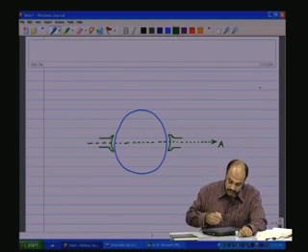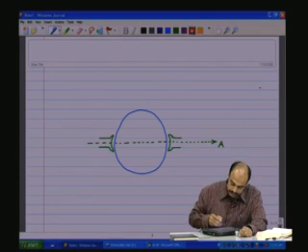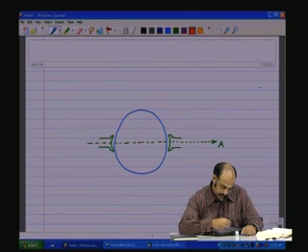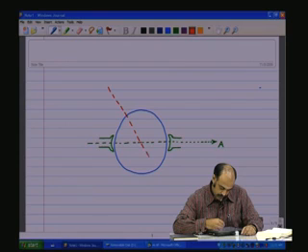Then let us have 120 degrees apart one more set of poles which are like this along this axis as shown.